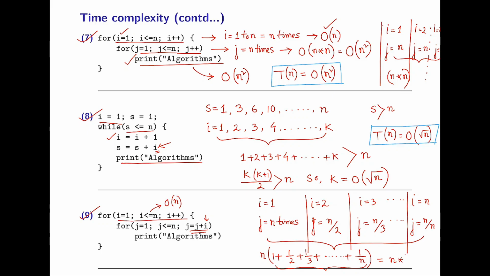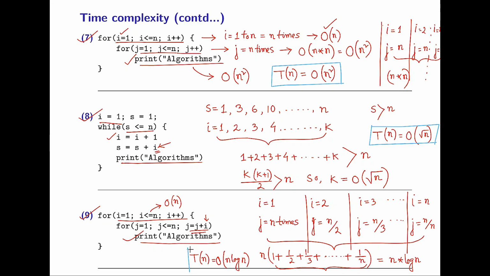So n into log n. The statement inside the innermost loop is going to execute n log n times. So the answer is T(n) equal to big O of n log n. This is our answer for this question.